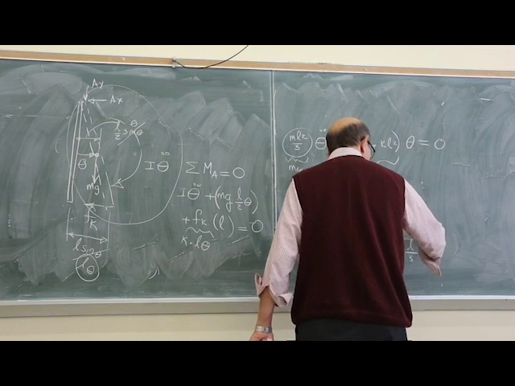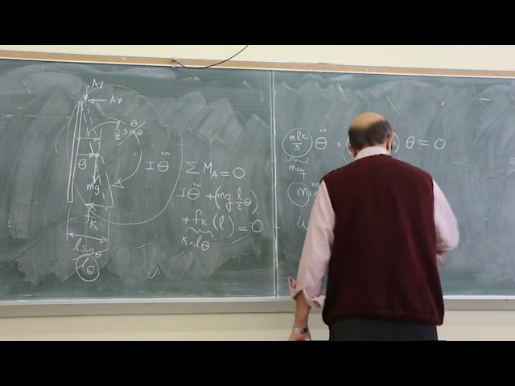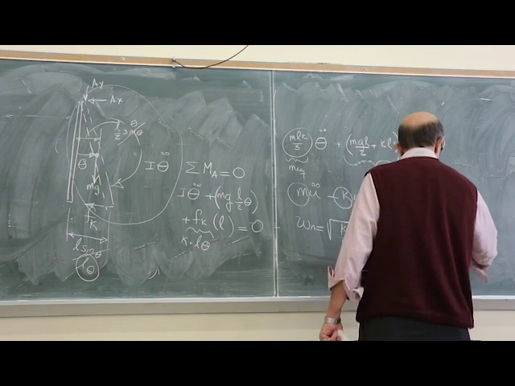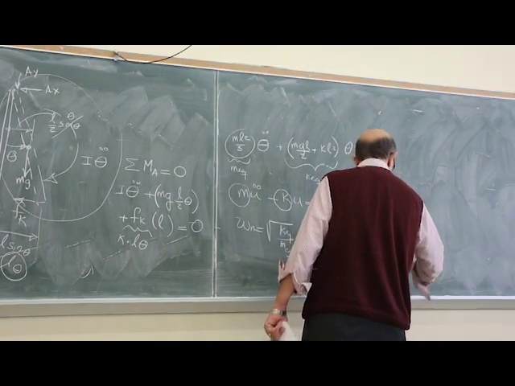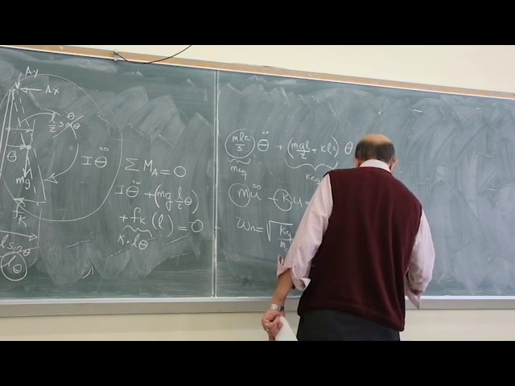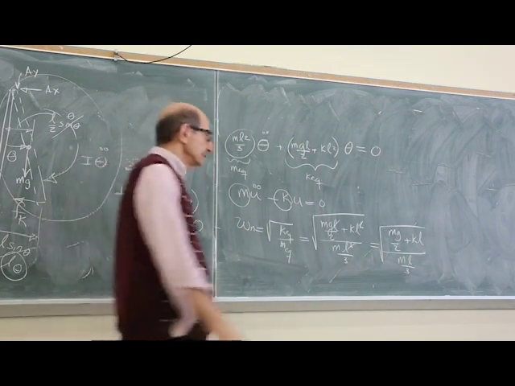It can be simplified. This cancels out, so it would be mg over 2 plus k L over m L over 3. Of course, you can further simplify that, but that's good enough.